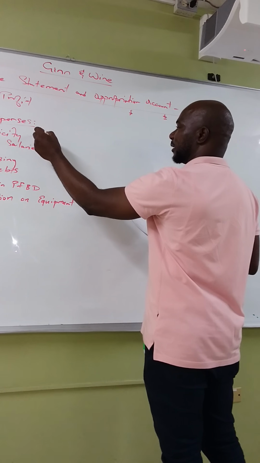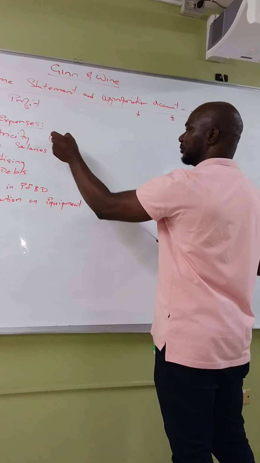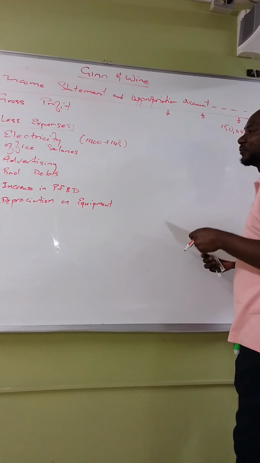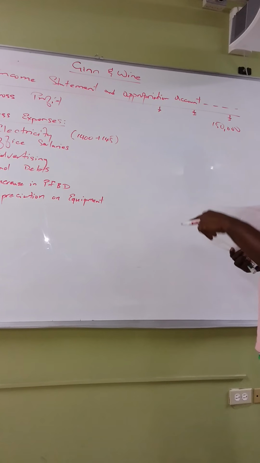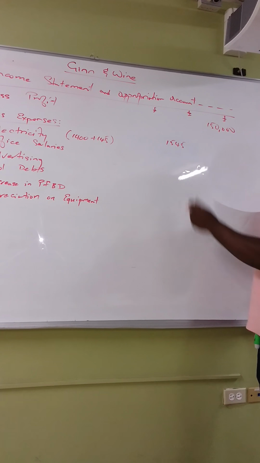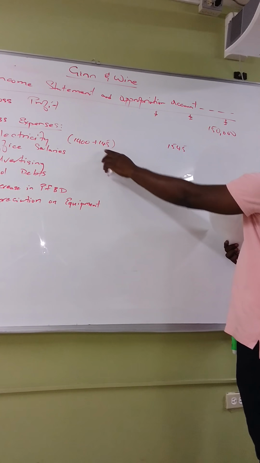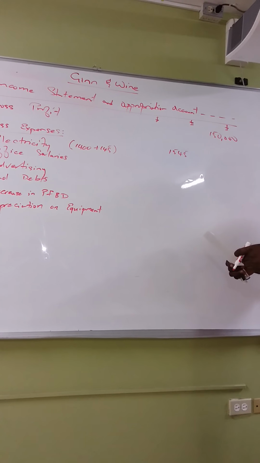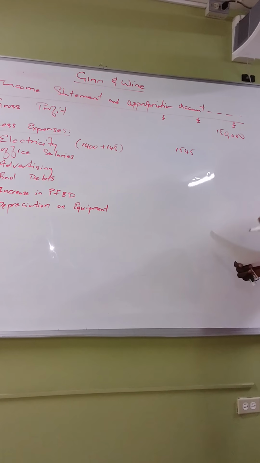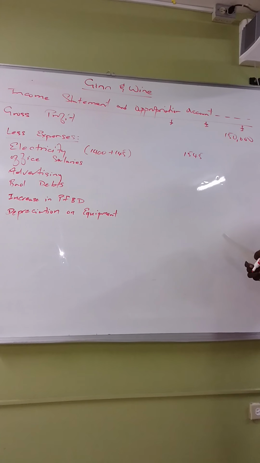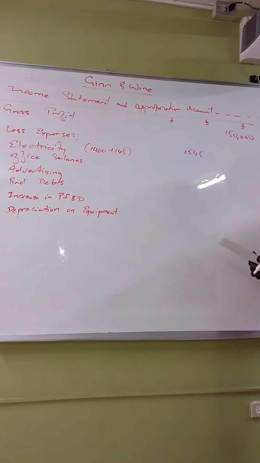So there's an expense relating to electricity of 145, which is owing at the end of the year. It therefore means that the electricity expense for the year was 1,545.